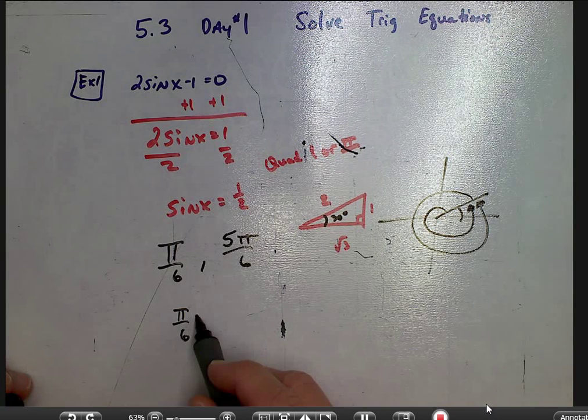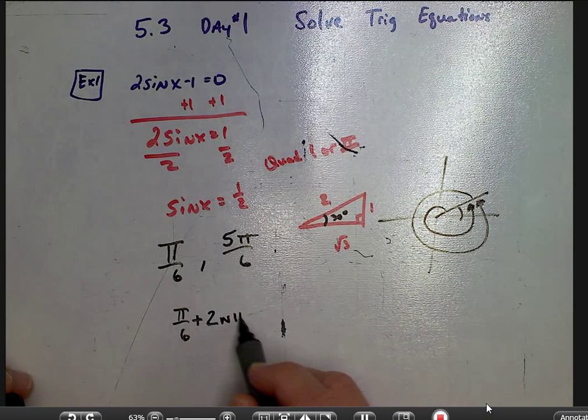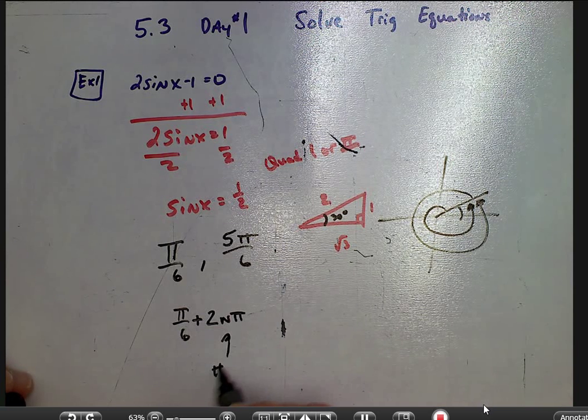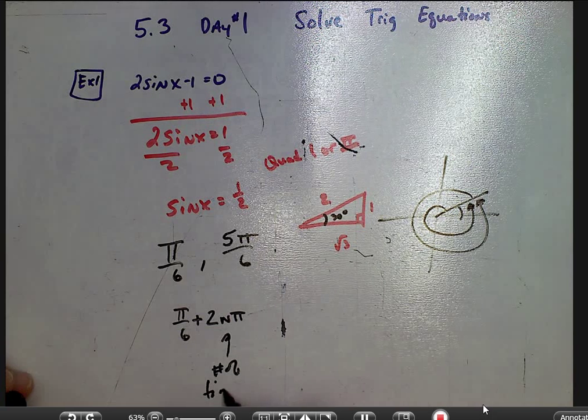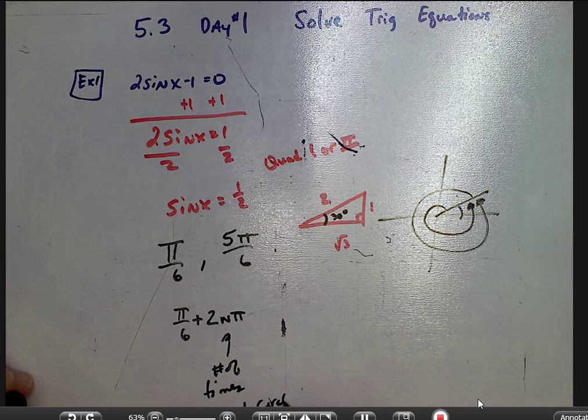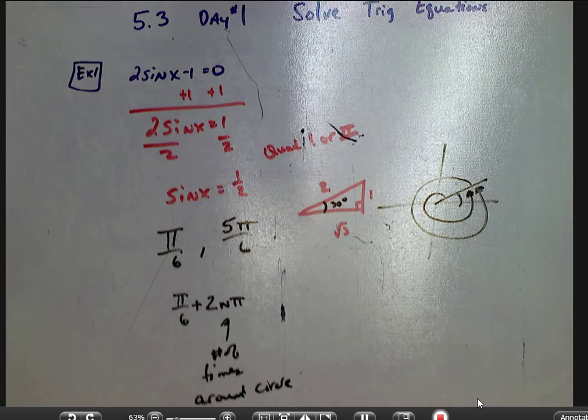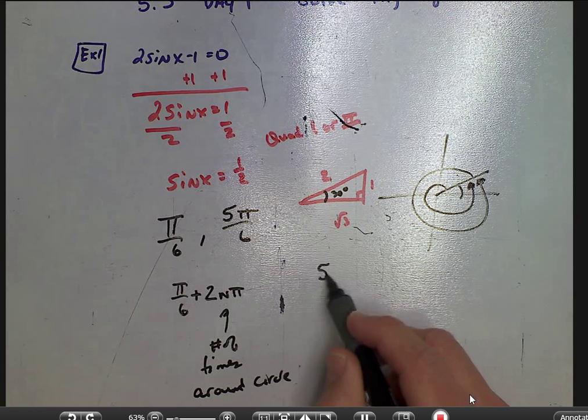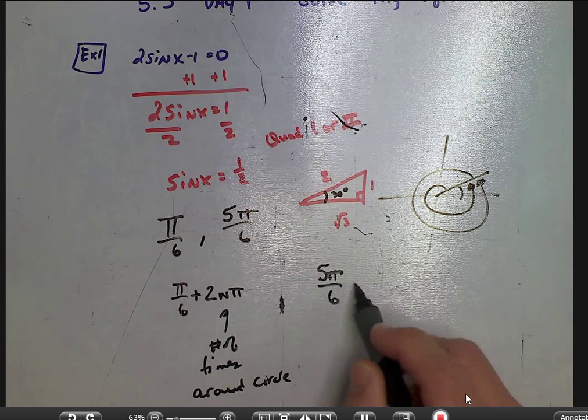So I'm going to go plus 2 n pi, where n represents number of times around the circle. So it basically means this shows an infinite amount of solutions. I'll do the same thing for the second quadrant angle of 5 pi over 6, and I'll also add 2 n pi.